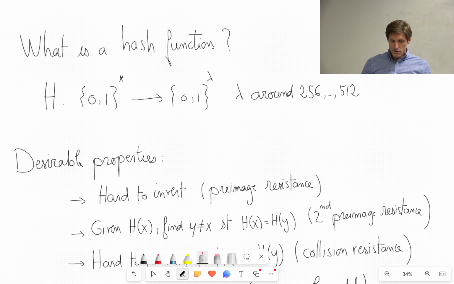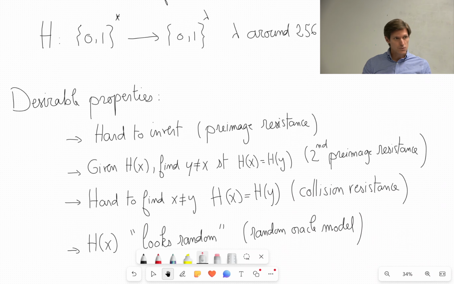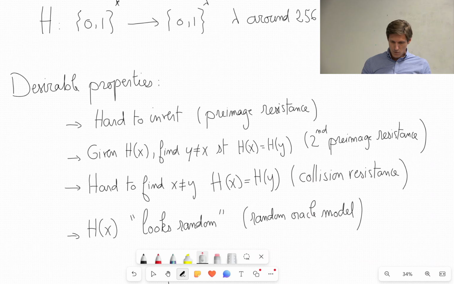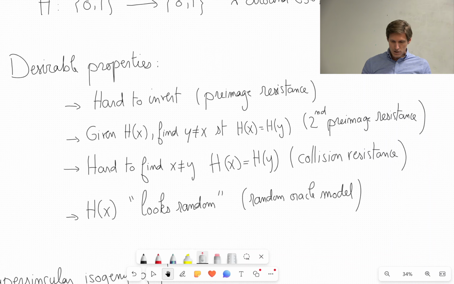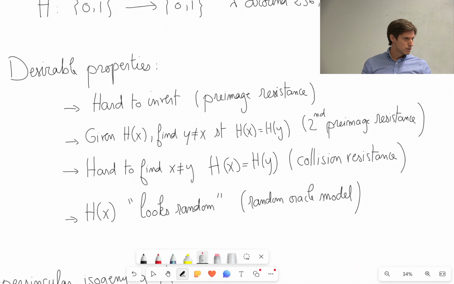As far as its properties for cryptographic use, what we want is that it be hard to invert. We want it to be hard to also invert in two different ways.